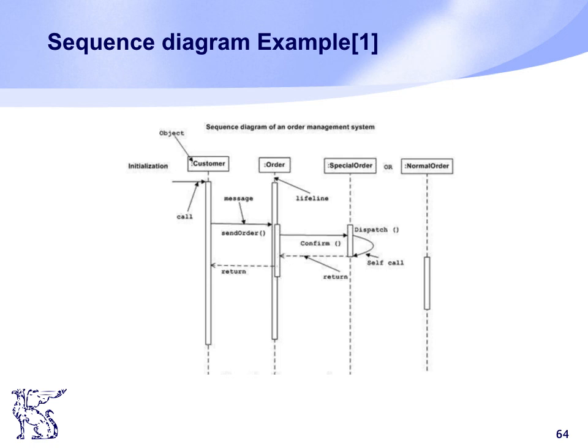This is the diagram of the online order management system, and it describes the method calls from one object to another. This is the actual scenario when the system is running. From a sequence diagram you can see the actual scenario, so that's why the sequence diagram is more preferred by developers.